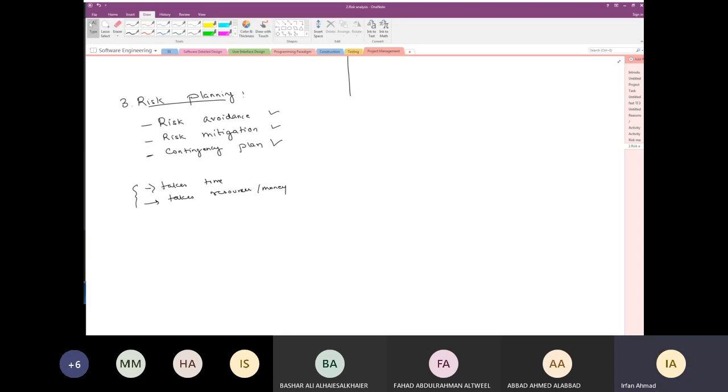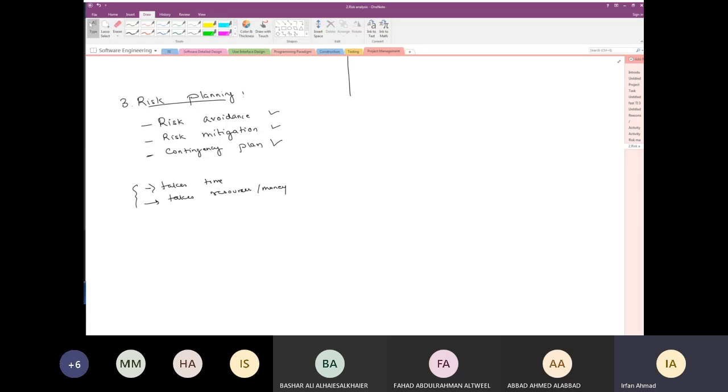Now, what are the subset of risks which we have to ideally plan for? What would be your obvious answer? Those risks which have higher possibilities, relatively speaking, and higher consequences, right?